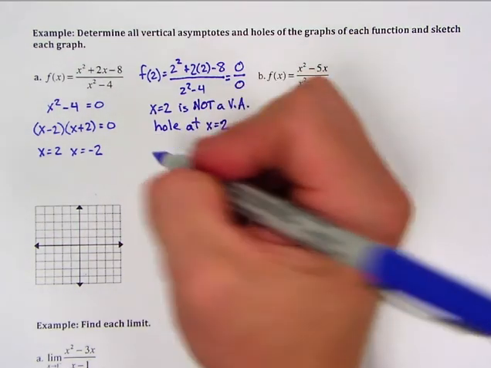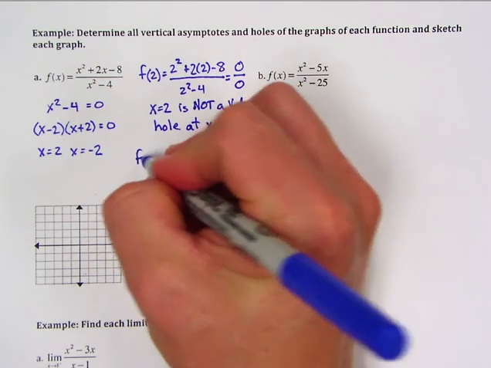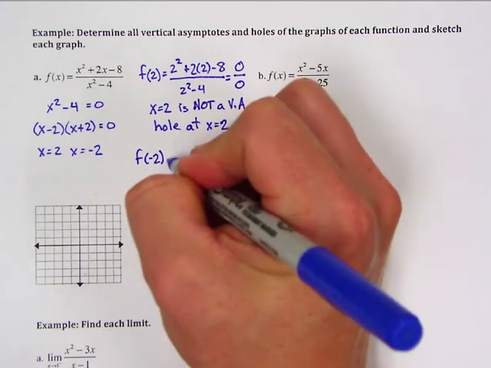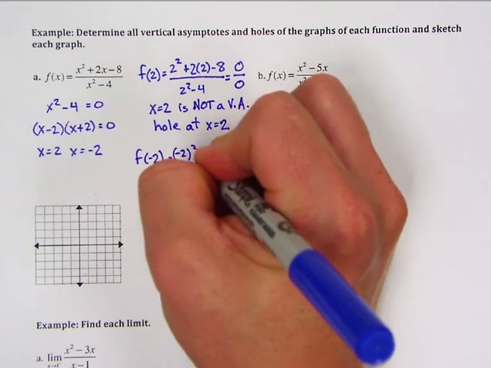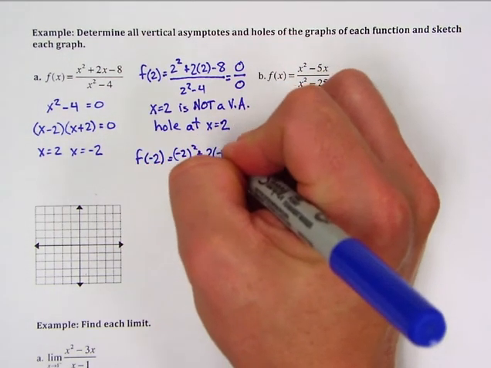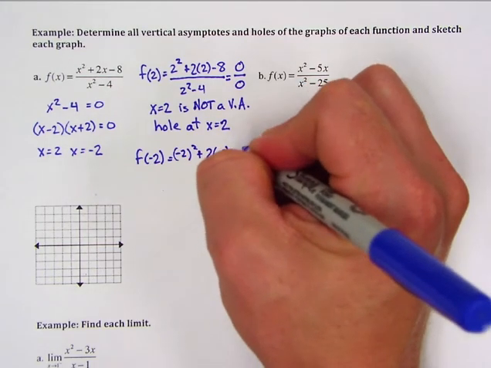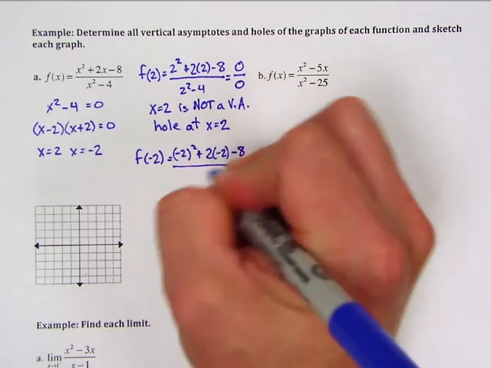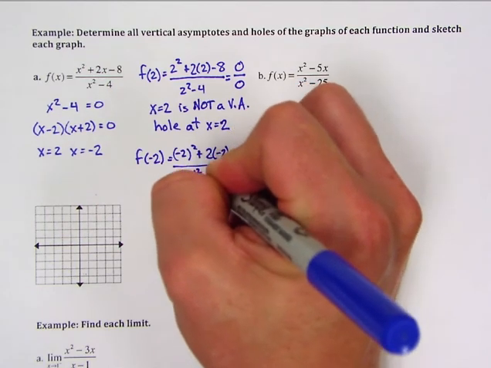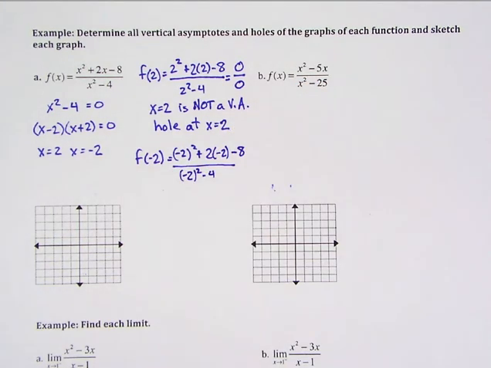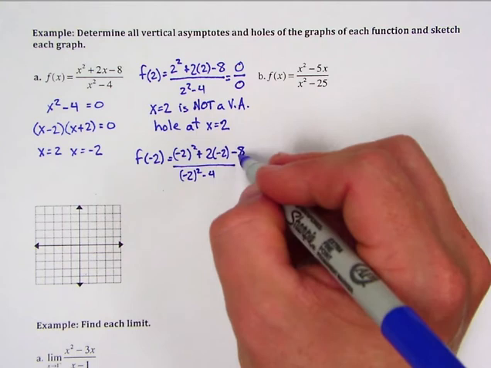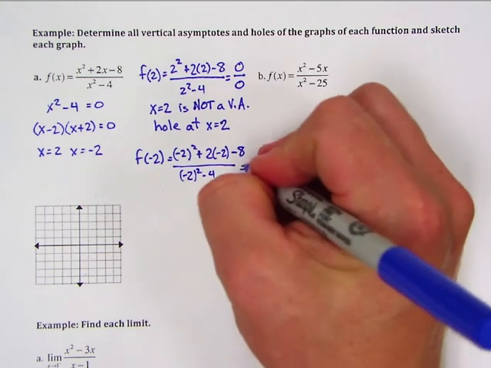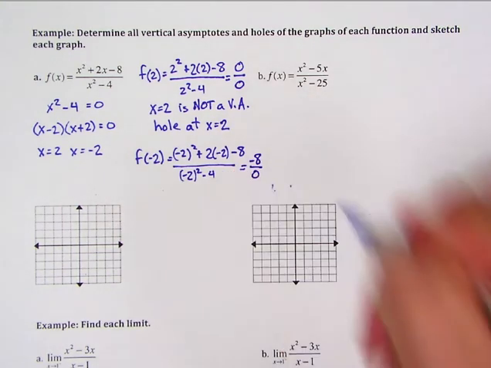All right, we're going to try that now with f of negative 2. So we'll substitute in negative 2 squared plus 2 times negative 2 minus 8 over negative 2 squared minus 4. And this gives me, let's see, 4 plus negative 4 is 0, minus 8, so negative 8 over 0.